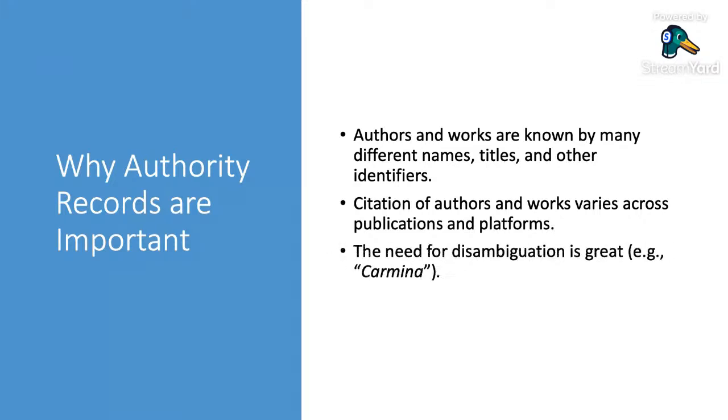The need for disambiguation is great. So, for example, there are many works known as Carmina. If you're not citing the author along with the title, that could be any number of things. It could be Catullus, it could be Horace, it could be anything. So we wanted to create URIs that would designate unambiguously the different works and the different authors of those works.